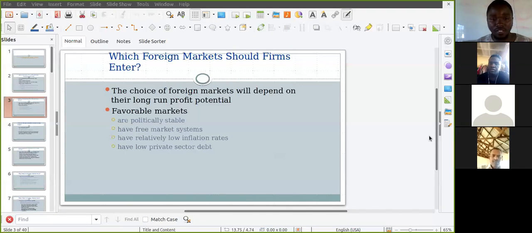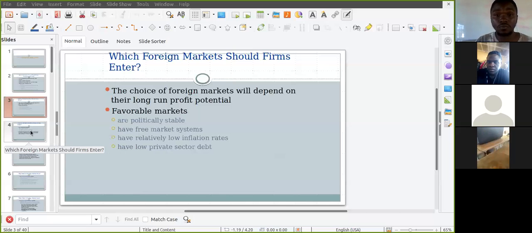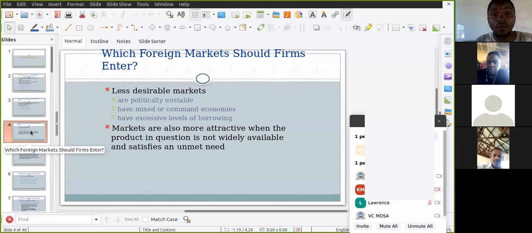Having low private sector debt is another favorable characteristic for the market. Moving on to slide 4, less desirable markets.